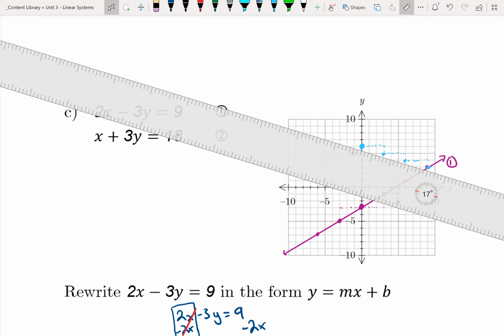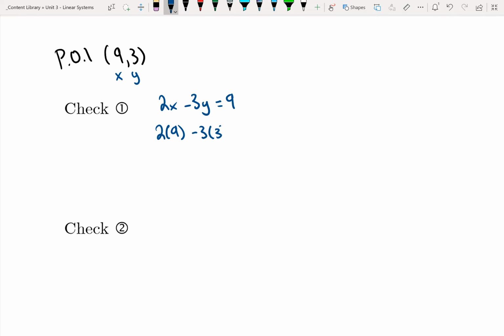So 2 times 9 minus 3 times 3 equals 9. 2 times 9 is 18. Minus 3 times 3, which is 9, should equal 9. 18 minus 9 is 9, which does equal 9. So left side does equal right side. So it works for equation 1.